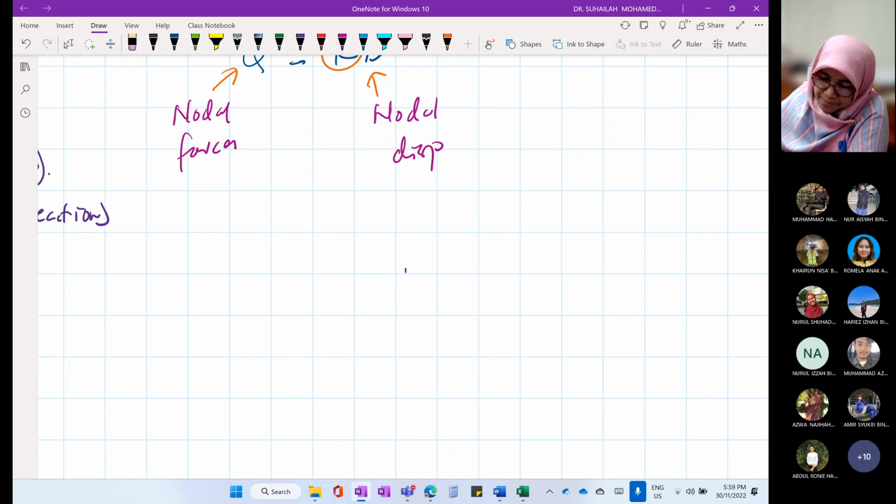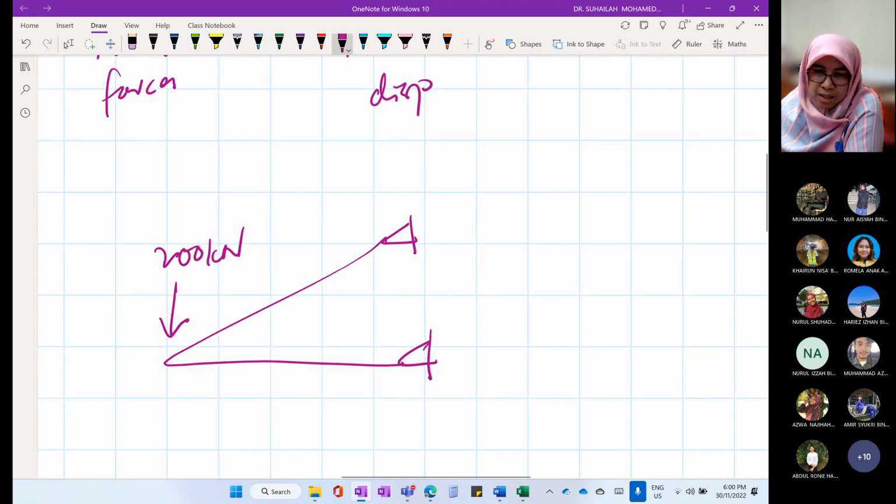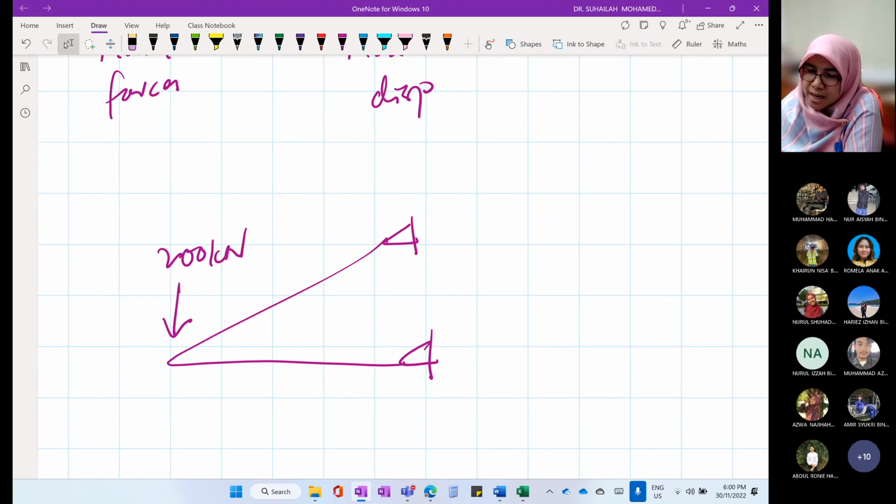Okay, for example, sini ada 2 pin. Kat sini ada 2 pin. So dekat sini ada force 200 kilonewton. Kita nak label based on unconstrained and constrained. In total, there are 6 degree of freedom because of three nodes.